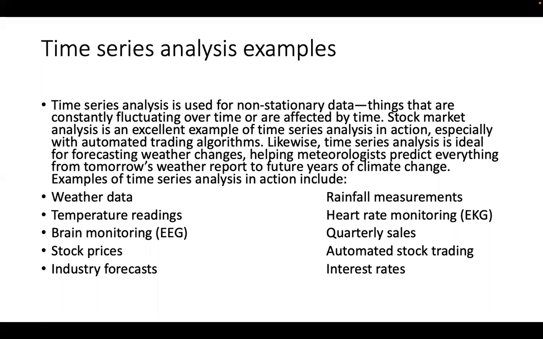Okay, brain monitoring, EEG, which also changes with the passage of time. Stock prices also change. Industry forecast, if you have to do it, you can go with time series analysis. Rainfall measurement, heart monitoring, ECG, or quarterly sales. You can use time series analysis in it, automated stock trading, and the interest rate also.